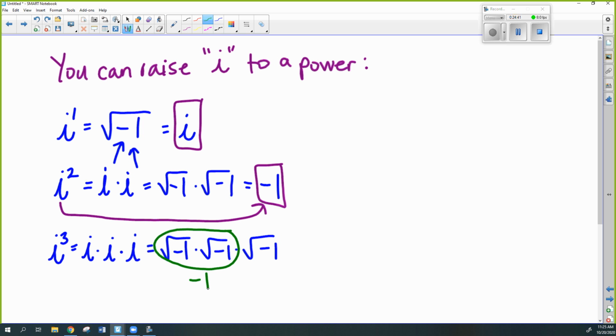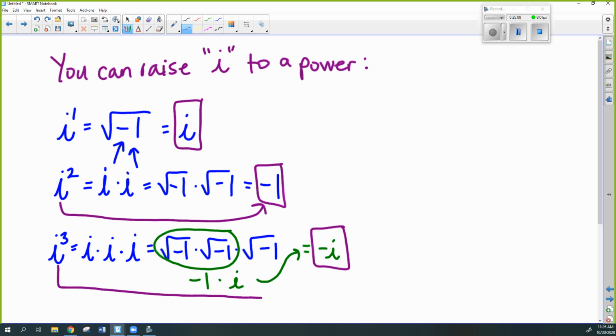You just told me that in the last problem. But then I have an extra one. But that extra one, I can change it back to an i. And now when I multiply those, I get negative i. Okay, so again, you never have to recreate this. I'm just showing you where it came from. i cubed is officially equal to negative i. Okay?